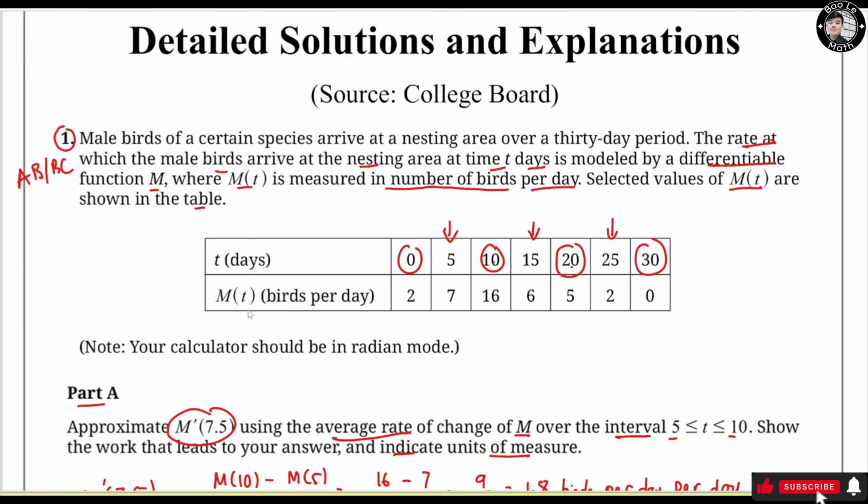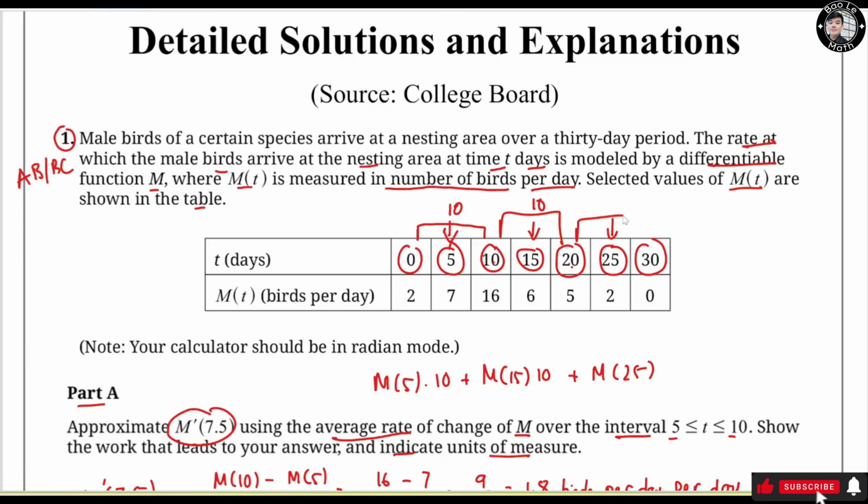So it's going to be m of 5 times the width right here, 10, plus m of 15 times the width, 10, plus m of 25 times the width, 10.